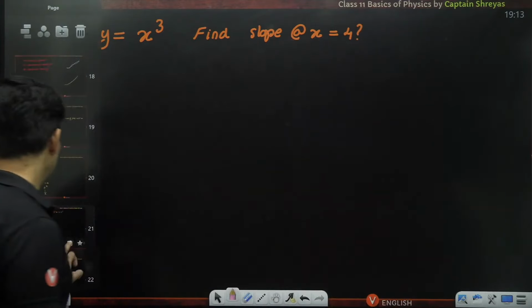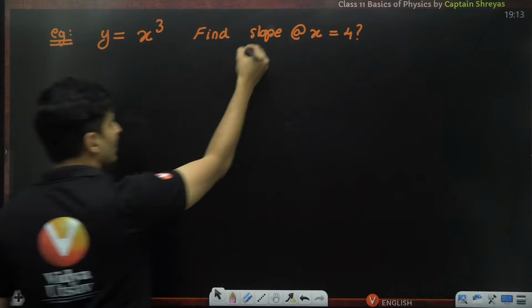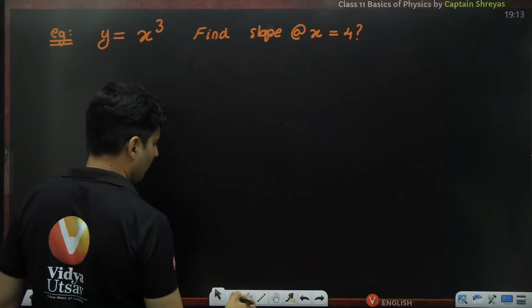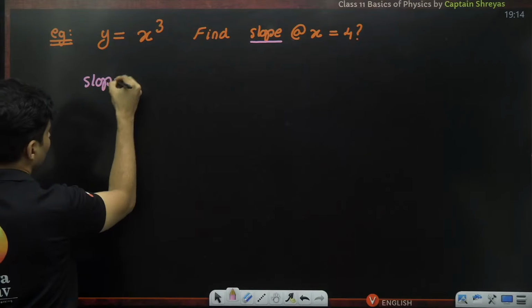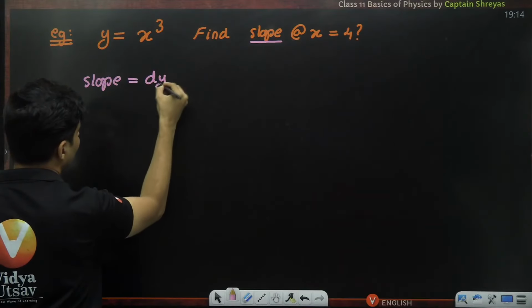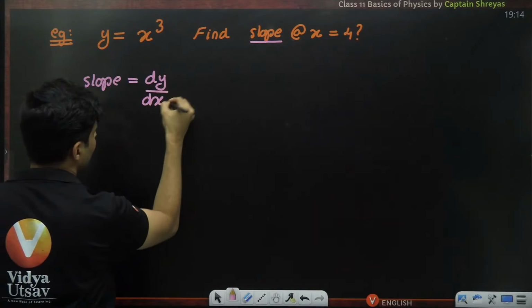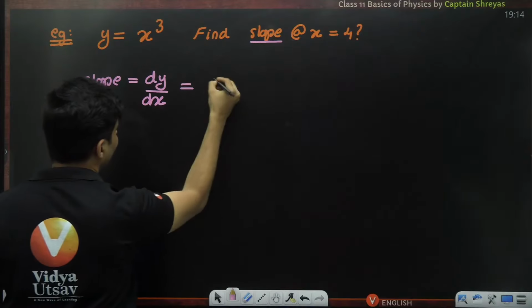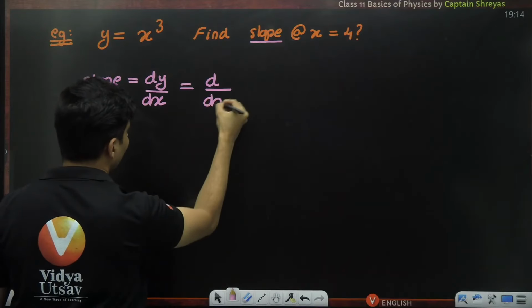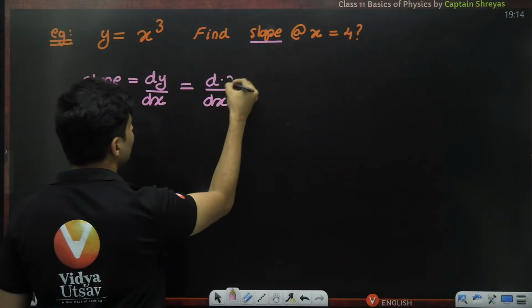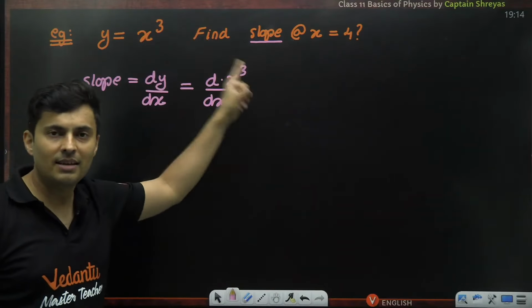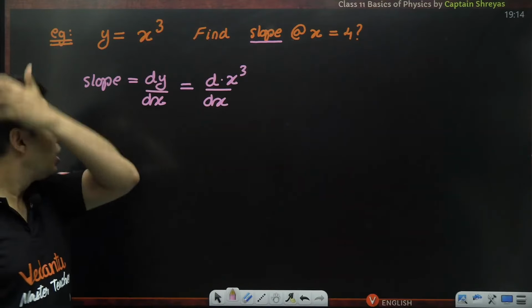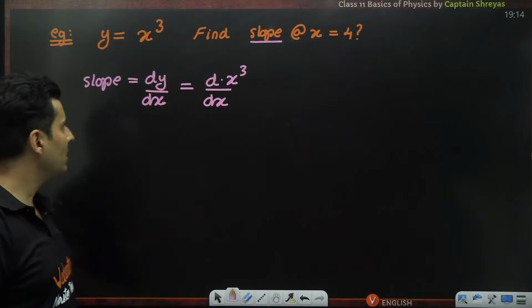Because the word slope is used, slope means instantaneous slope, which means dy by dx. But wait a minute. What is y over here? Y over here is itself x raised to 3. Okay, so that was my function.